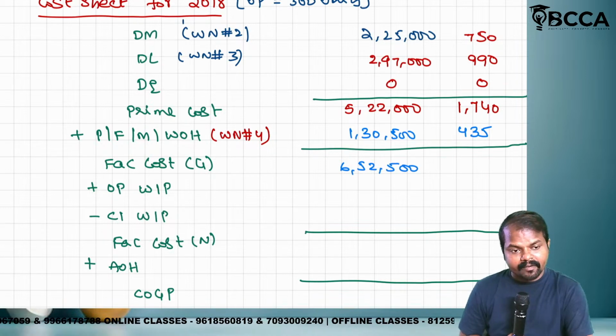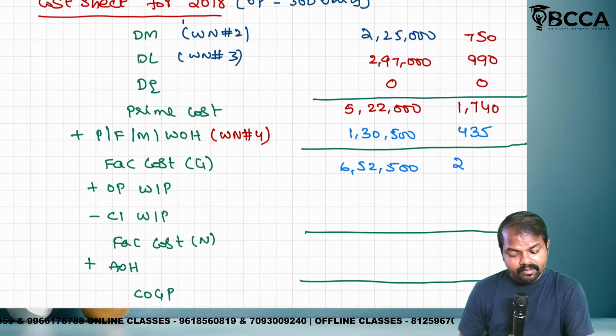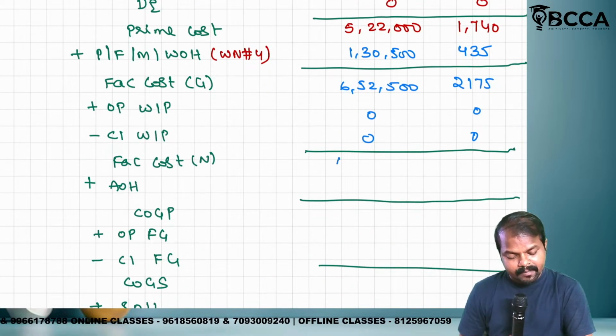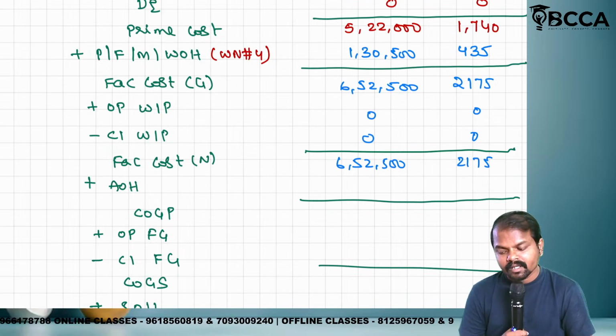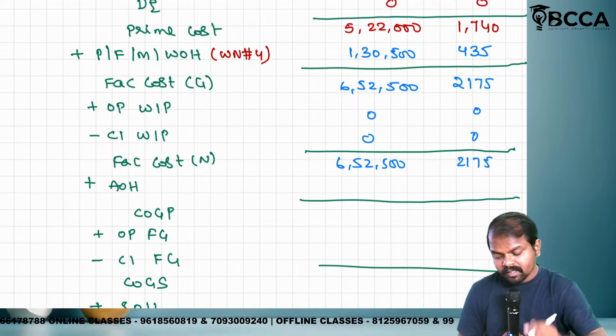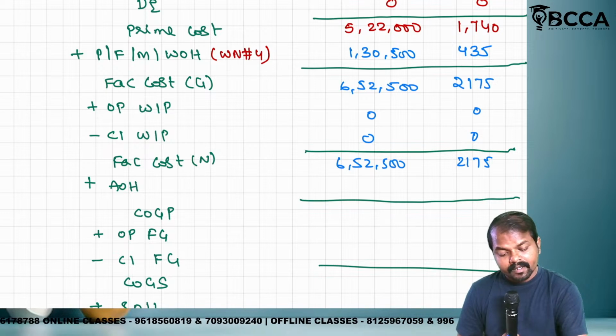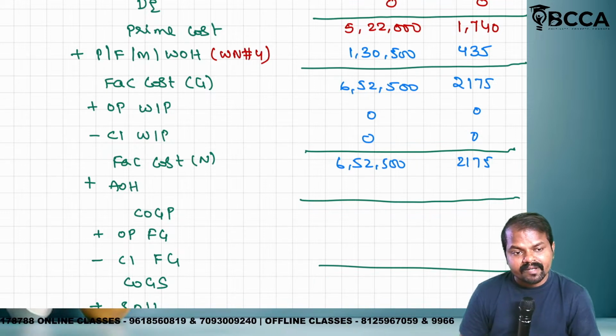Please calculate per unit, 2,170. Opening WIP is not given in the question paper, so the same result will be repeated. Correct or wrong? Correct. Next, AOH.